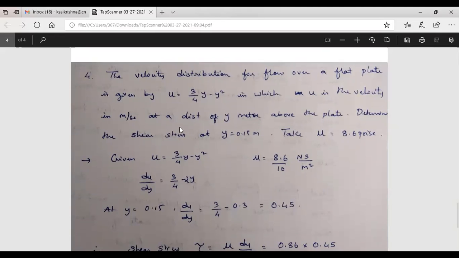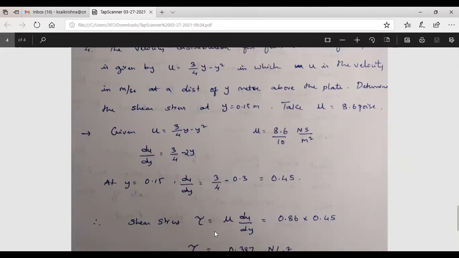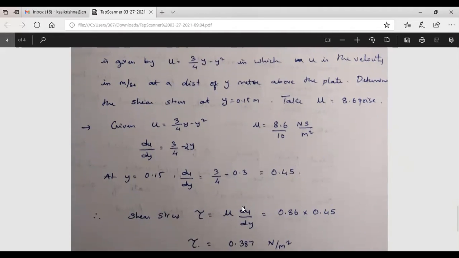And what did he ask us to find? He asked us to find the shear stress. And he gave viscosity. So use the viscosity formula to find the shear stress. We already know mu equal to tau by du by dy. But we need to find tau here, nothing but shear stress. So tau equal to mu into du by dy.